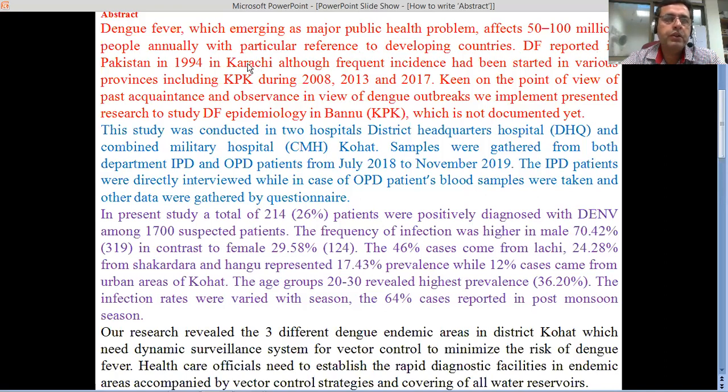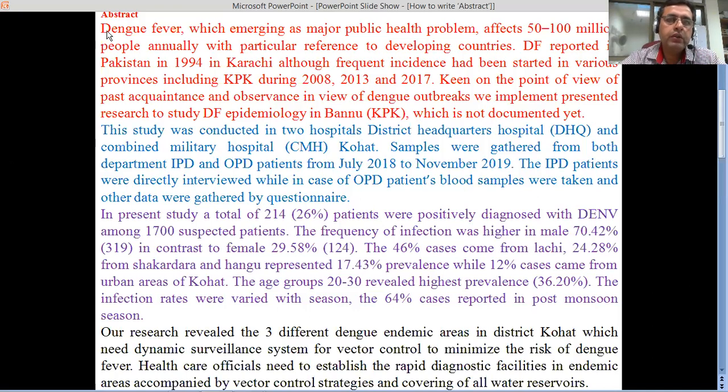Dengue fever reported in Pakistan in 1994 in Karachi, although frequent incidents had been started in various provinces, including KPK during 2008, 2013, and 2017. Keen on the point of view of past acquaintances and observance in view of dengue outbreaks, we implement presented research to study the epidemiology in Banu KPK, which is not documented yet. Okay.